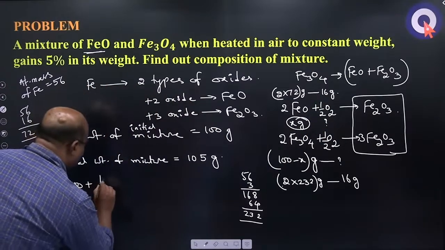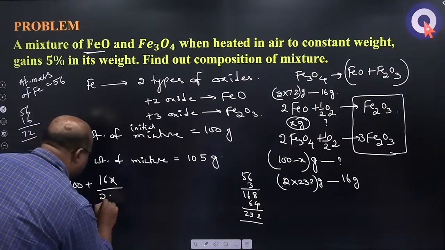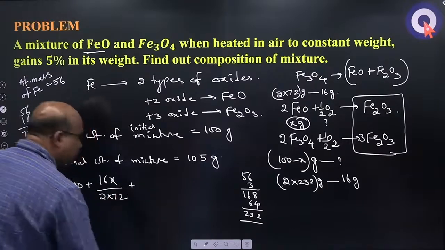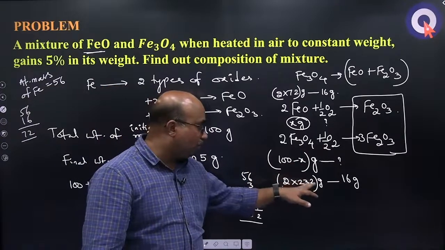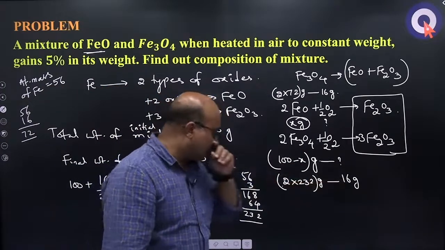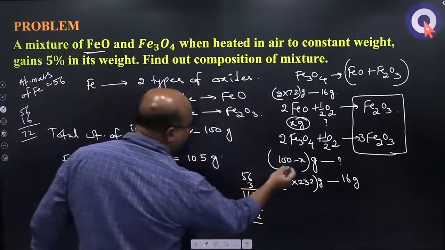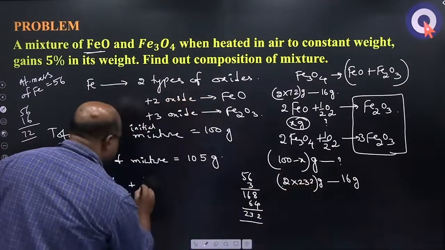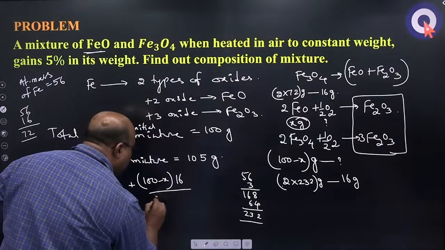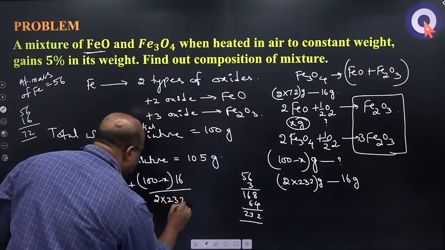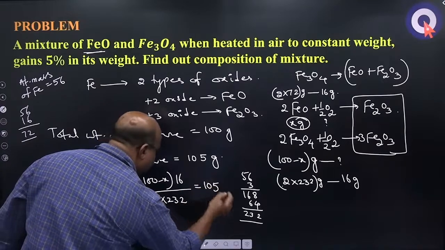That is 16x by 2 into 72, plus, for this, for 2 into 232 grams we require 16 grams. So for 100 minus x how much is required? So (100 minus x) into 16 by 2 into 232 will be equal to 105.